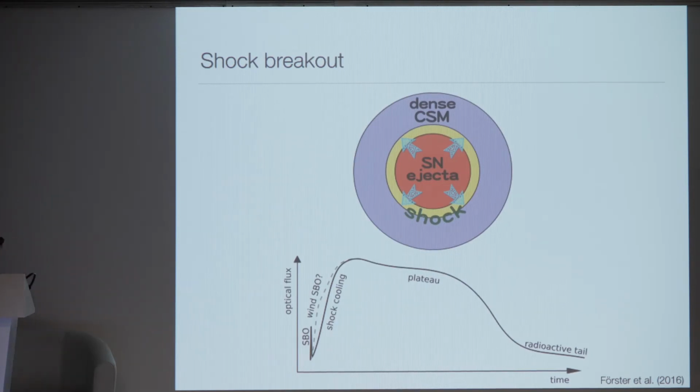So also, I don't remember if we covered shock breakout, but one prediction from the ordinary type 2 supernova light curve theory is this.